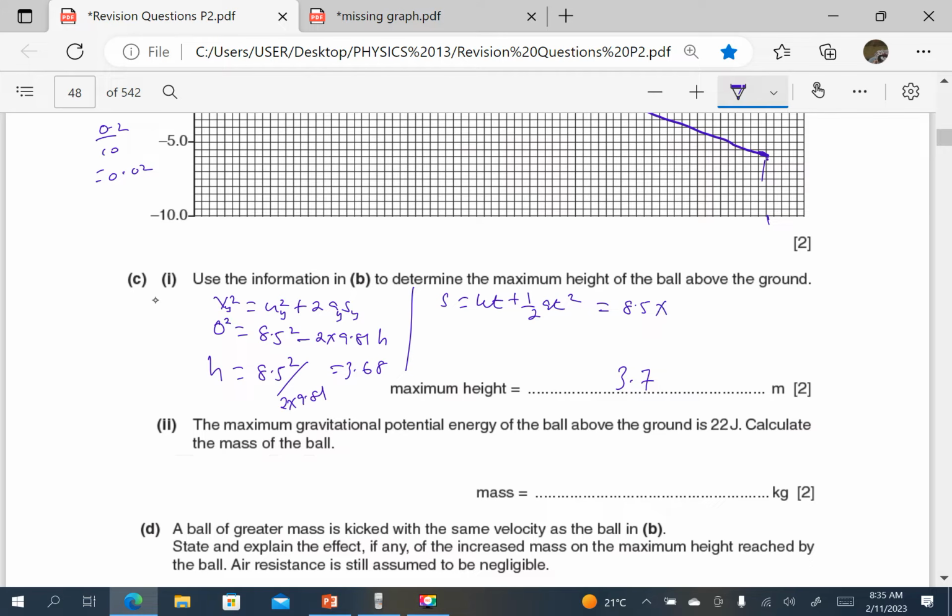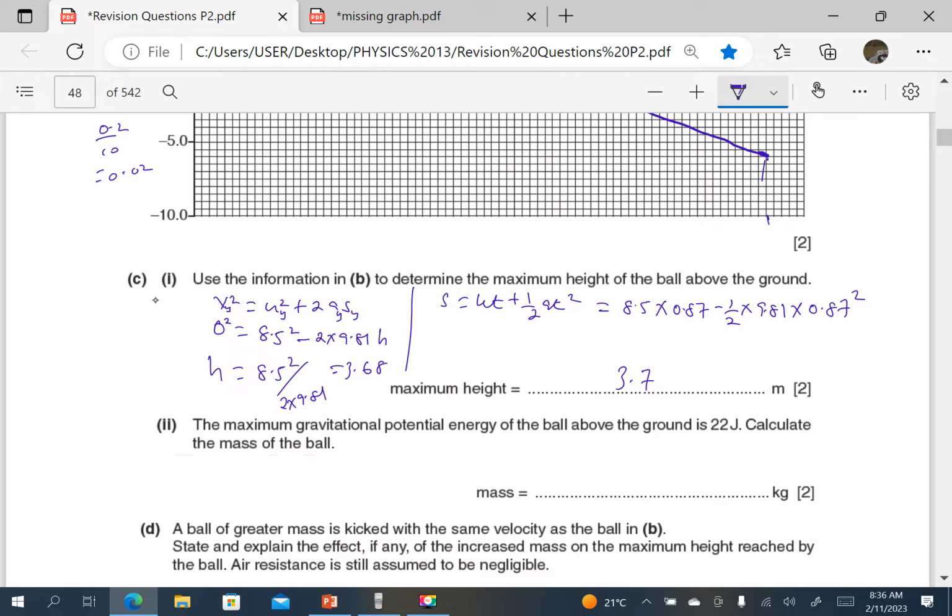The time taken to reach maximum height, we have calculated above as 0.87. Then this will be plus or minus, because acceleration is going to be negative since it is moving upwards. So that will be minus a half times 9.81, then times the time, which is 0.87, but this is squared.